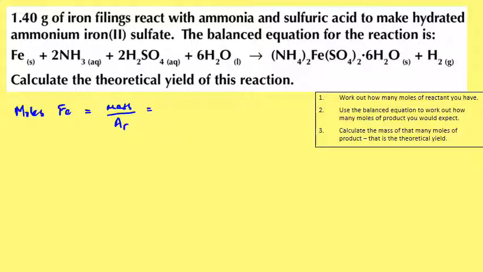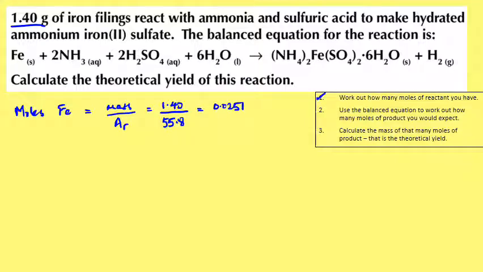Our mass is given in the question as 1.4 grams. And our AR we get off the periodic table, and we find that that is 55.8. So that works out at 0.0251 moles of iron. That's how many moles of iron we're starting with.